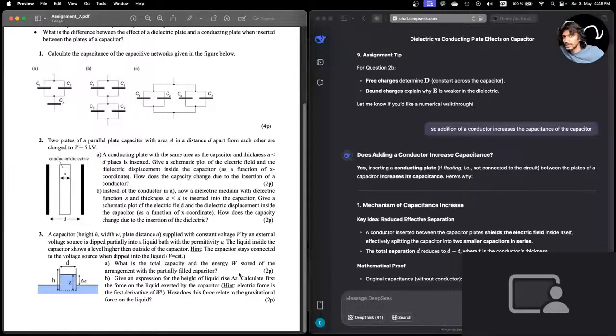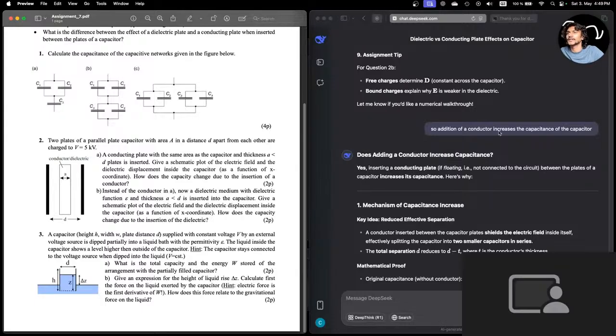What is the total capacity and the energy W stored of the arrangement with partially filled capacitor? Give an expression for the height of the liquid rise. Calculate the force on the liquid exerted by the capacitor. Electric force is the first derivative of work or energy. How does this force relate to gravitational force on the liquid? Damn, those are not easy questions.